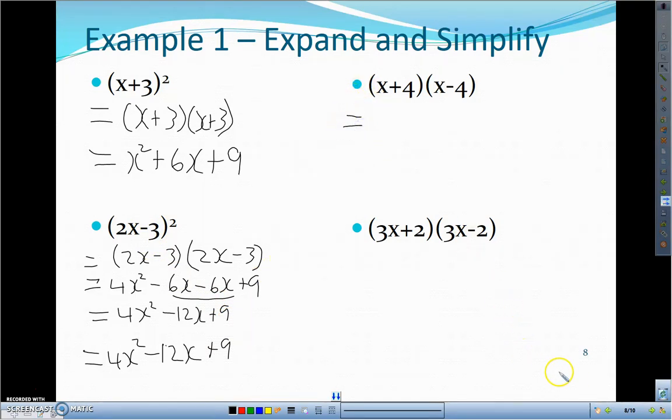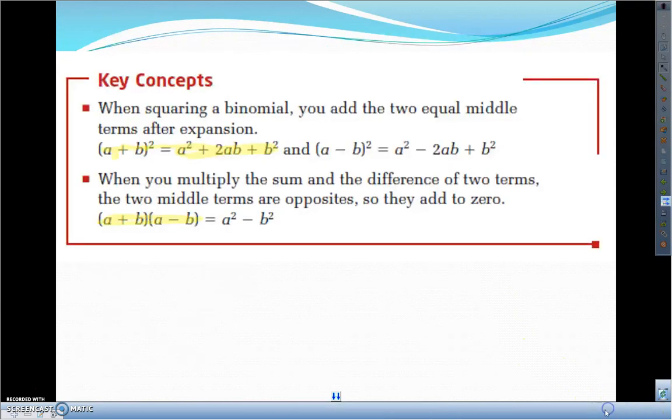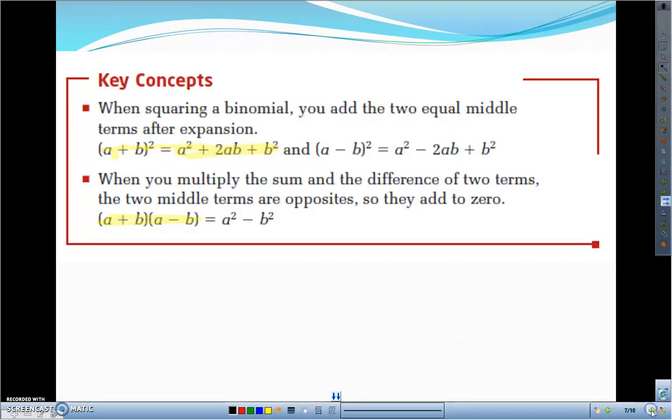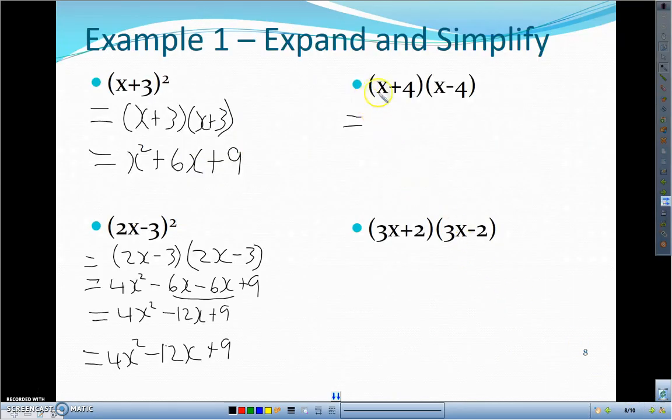This one, if we were to go back a slide, this is a plus b times a minus b. We should be able to see that it's a squared minus b squared. So if we're good, then that means that this is going to be x squared minus 4 times 4 is 16. We can also expand out just to prove that point.